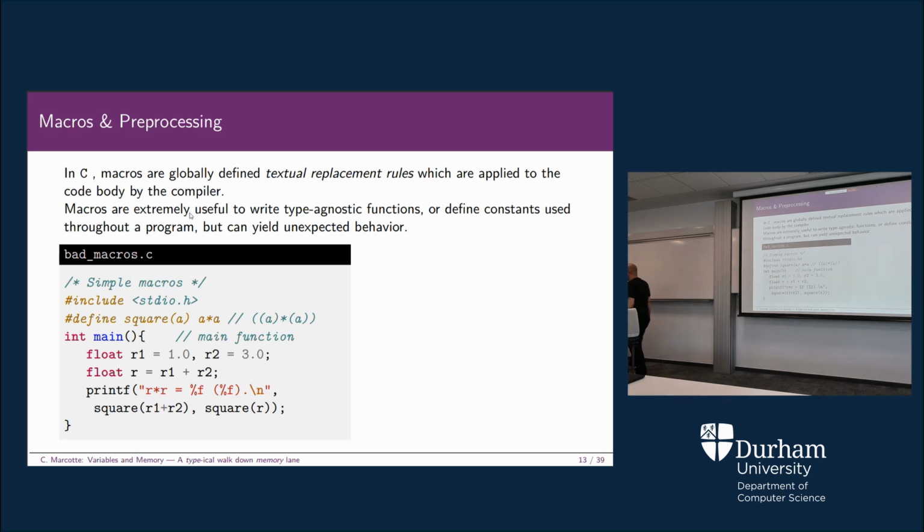Now, from context clues, you might understand this is not going to give us the same value, because this is a very simple textual replacement rule. So it's going to take r1 plus r2 and write r1 plus r2 times r1 plus r2. So in fact, algebraically, it'll be r1 plus r1 times r2 plus r2. Only in very exceptional circumstances is that actually going to be the square of r.